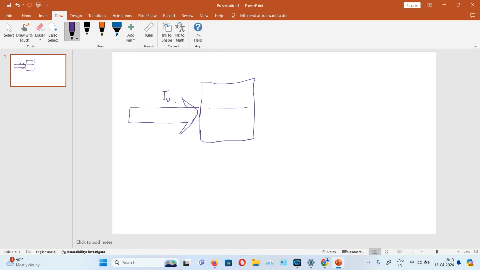So when it passes through, the intensity of light decreases, and when it comes out, the intensity will be low. If we check the decrease with distance, starting from I naught, this will be decreasing in an exponential manner.